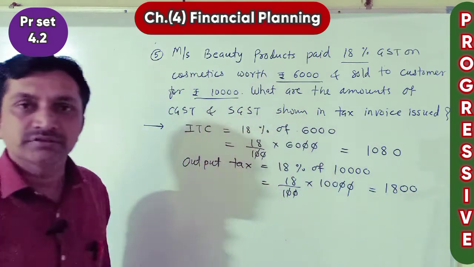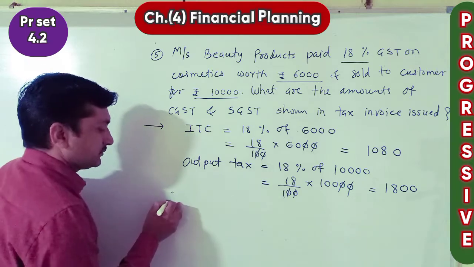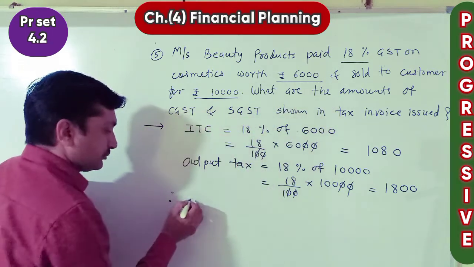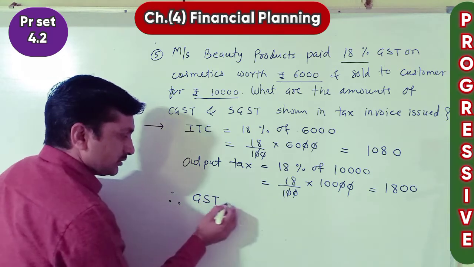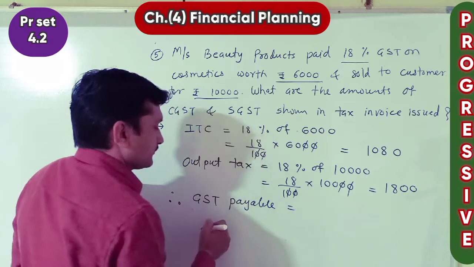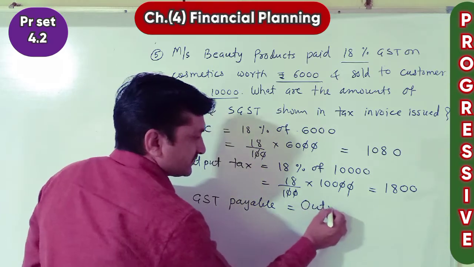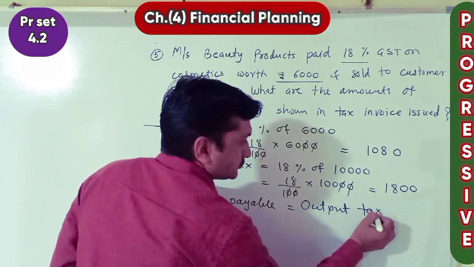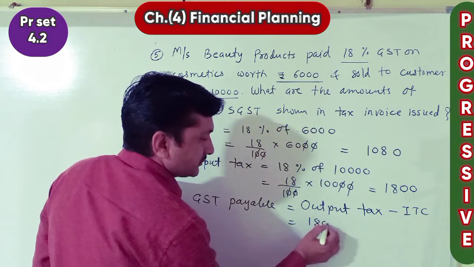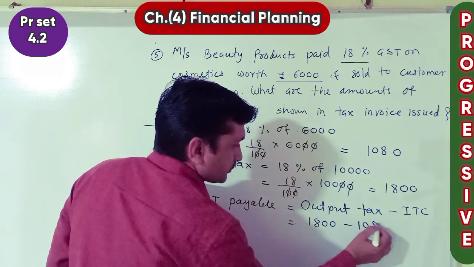This is output tax. Now let's find GST. What are amounts of CGST, SGST? Now before that, find out GST payable. GST payable is equal to output tax minus ITC. Output tax 1800 minus 1080.